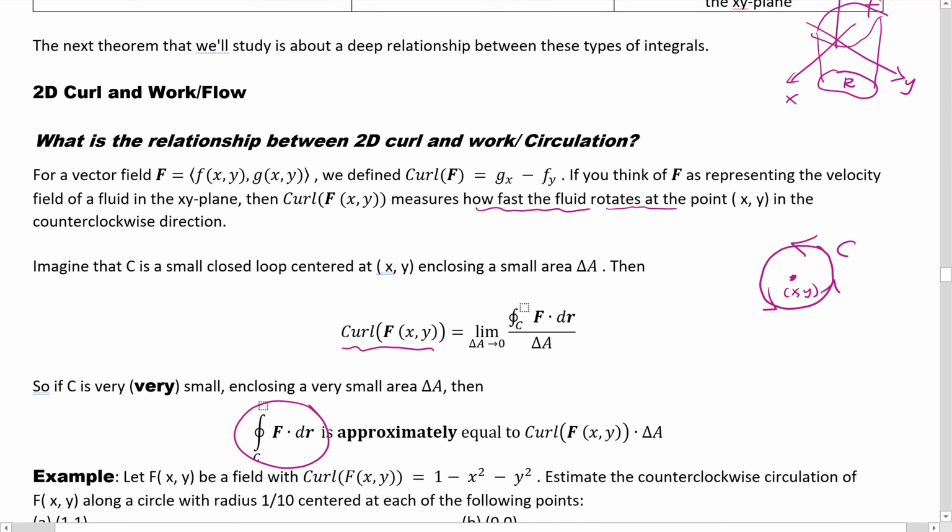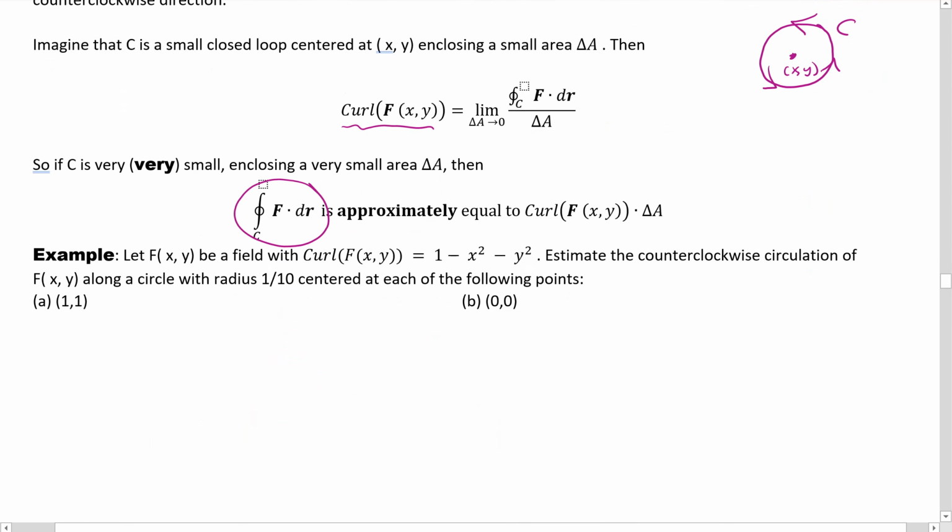Look at the following example. Let F(x,y) be a field with curl equals 1 minus x squared minus y squared. Estimate the counterclockwise circulation of F along a circle with radius 1/10, centered at each of the following points. First, at the point 1, 1, what's the curl?